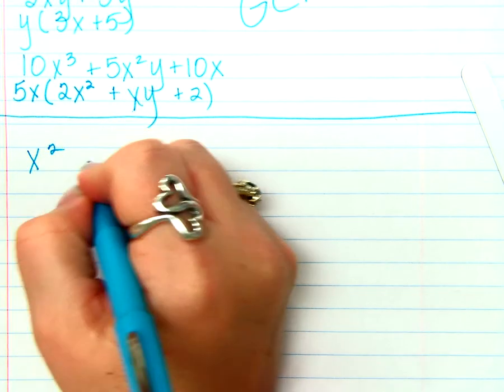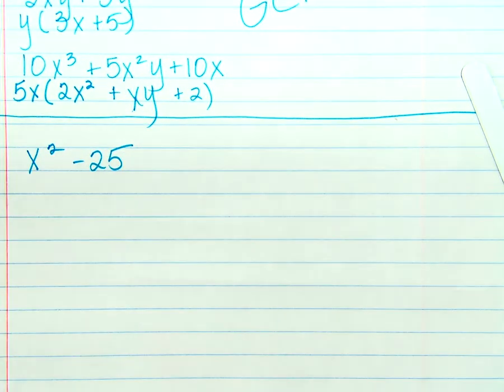Let's start here with a binomial. Does anybody notice anything in particular, anything particularly interesting about either of these two numbers? 25 is a square.